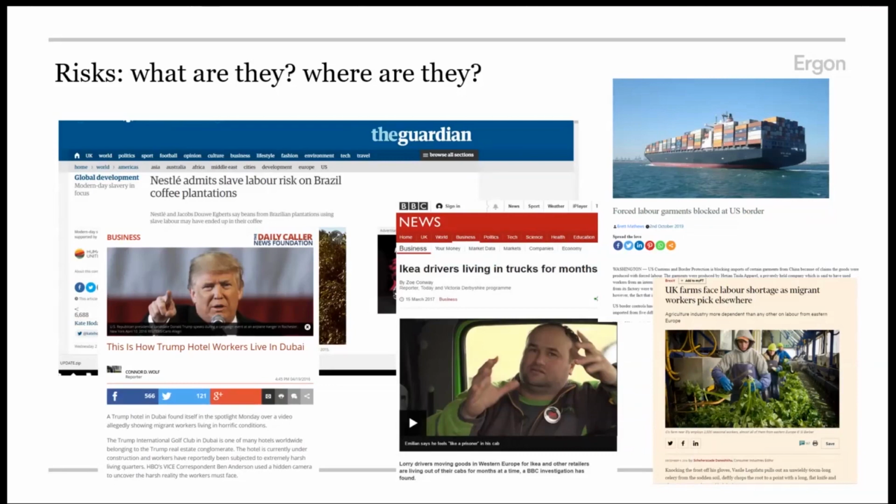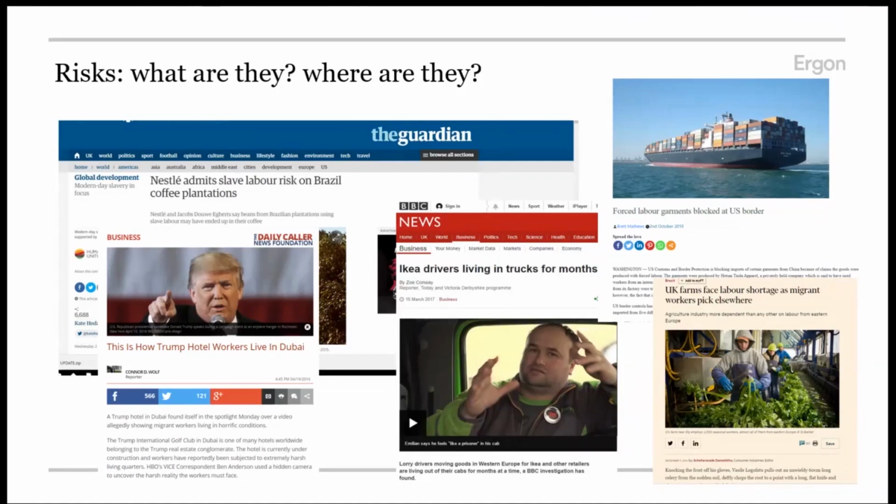So hotel workers in Dubai at a Trump hotel. So within the operation, or at least the franchise of that particular company. But who are those workers? Are they direct employees, or are they agency workers? But it's an operational risk, not necessarily supply chain.